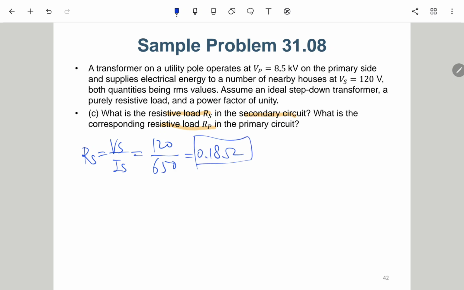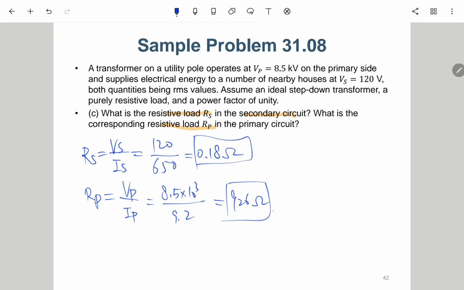And RP will be Vp over Ip, which is 8.5 times 10 to the third power over 9.28, which is 922 ohm. Okay, so far we have finished this sample problem.